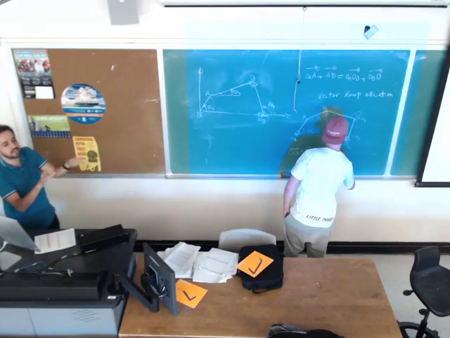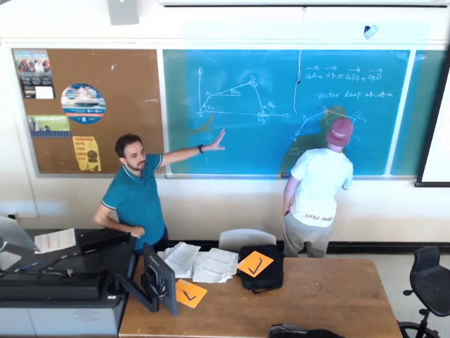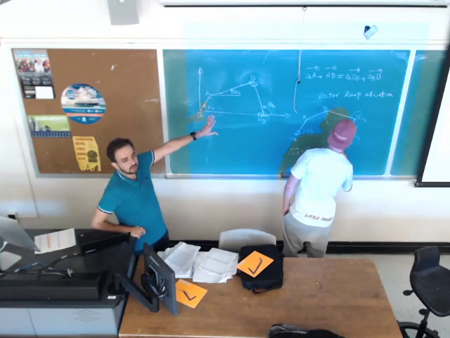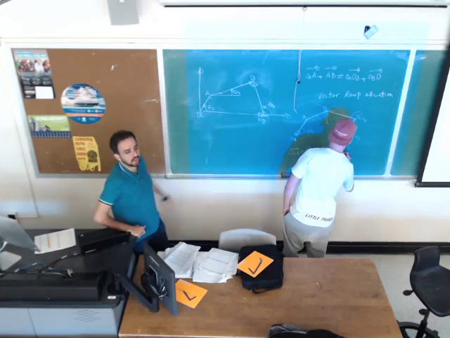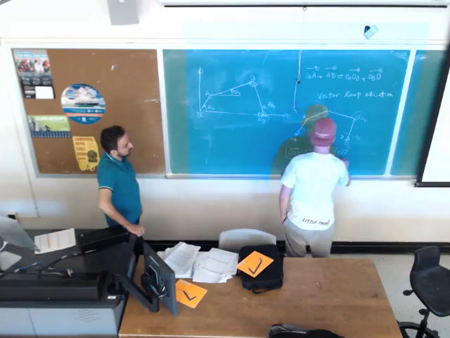Forming the vectors shouldn't be unique. You might have different forming of the vectors for this mechanism. I'll show you.